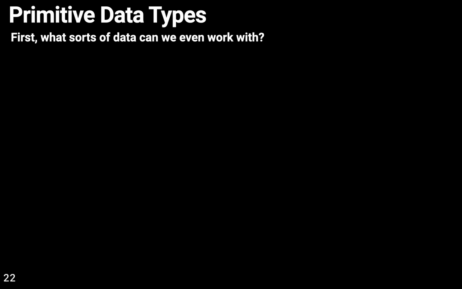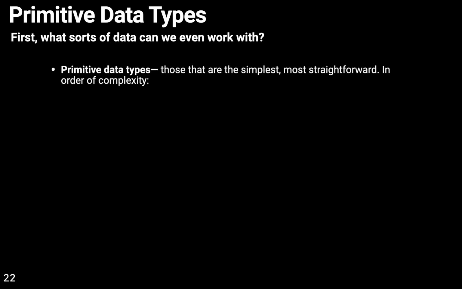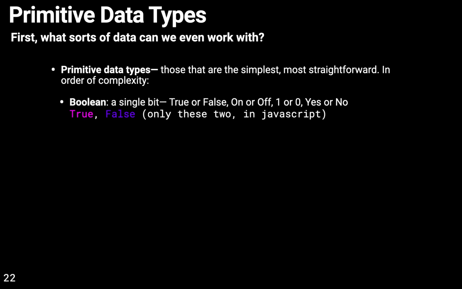There are two categories of data types. Primitive data types, which are the most basic, fundamental units, and more complex data types. We'll start with the primitives, the simplest and most straightforward. In order of complexity, we have Boolean data. Boolean, if you have not heard of that before, is binary.